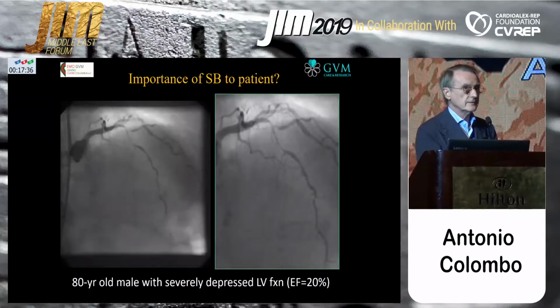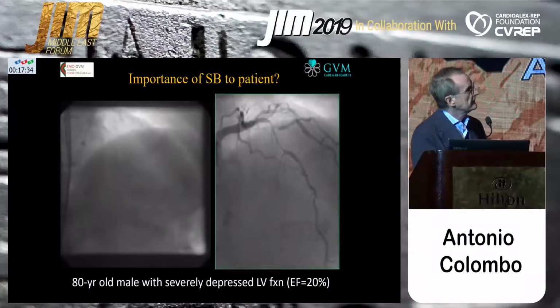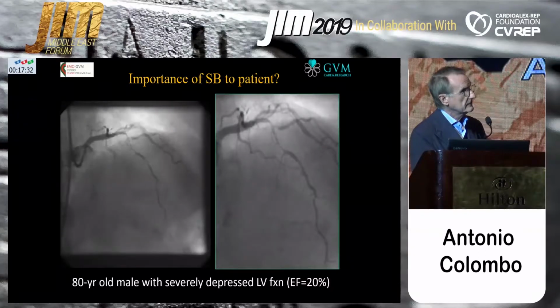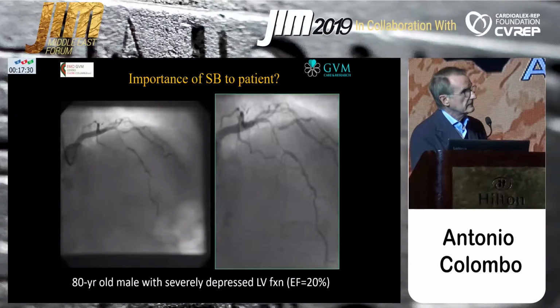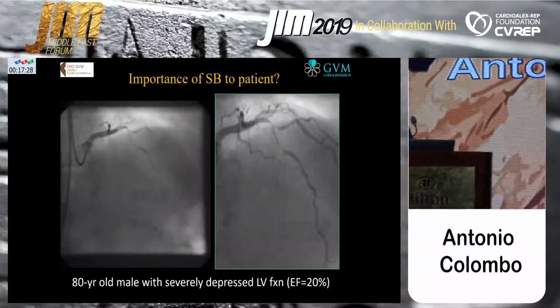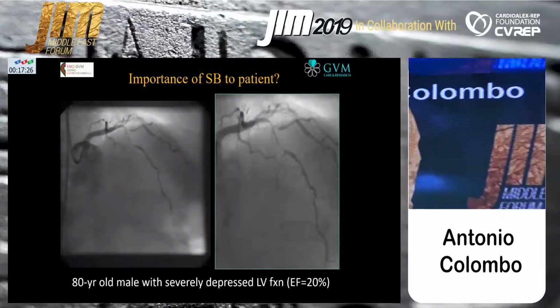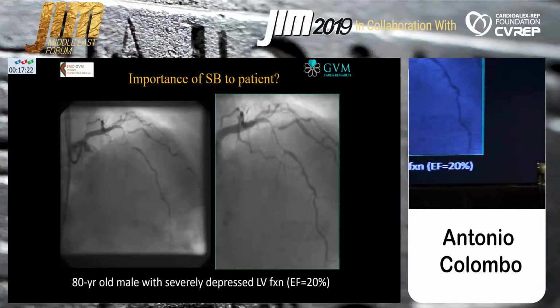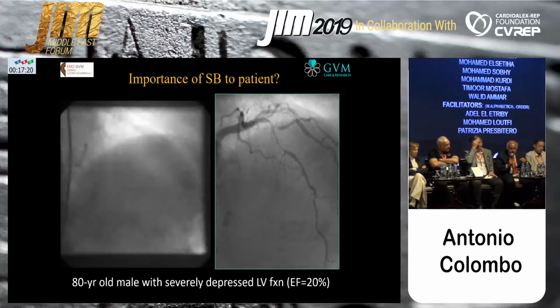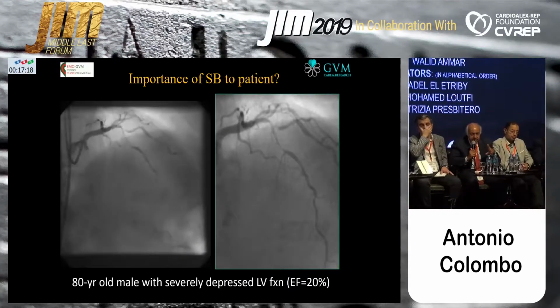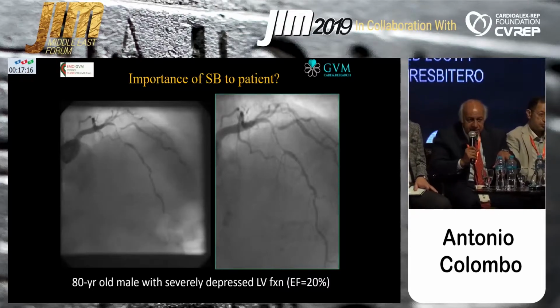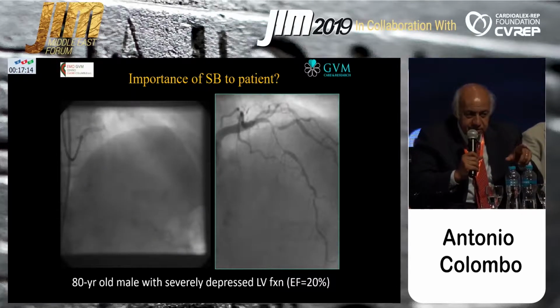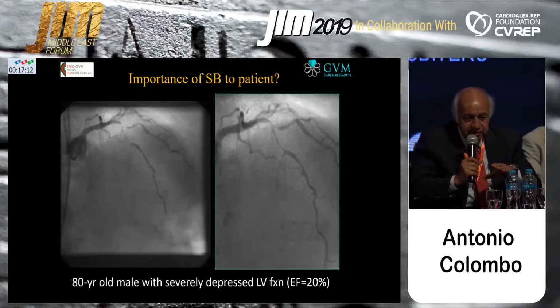Someone said: do you prefer to predilate the side branch and then not stent the side branch? Because sometimes if wiring is difficult and you are not planning to put in 2 stents, then even a 1 stent strategy. So I know that's speculation.